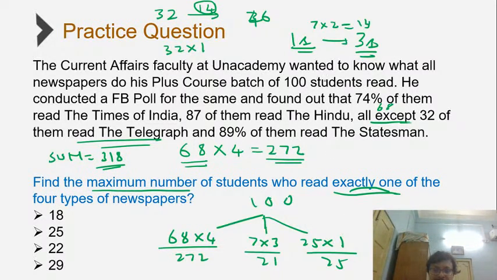Note, my 4 newspaper category cannot be pushed beyond 68 because only 68 people read the Telegraph, so my maximum count in the 4 newspaper category is limited to 68. Hence the answer for maximizing people in the 1 newspaper category is option B, that is 25.